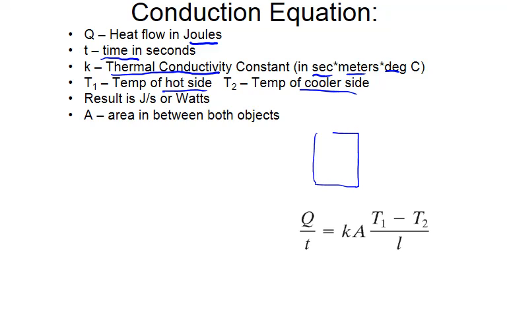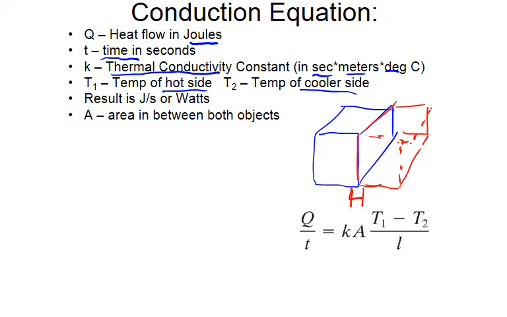In other words, this could actually be two rooms. You have one room here, and next to that you have another room. So these are two separated rooms, separated by a wall, let's say, and the length of the wall is going to be a certain amount, L. The area is going to be a certain amount between them.